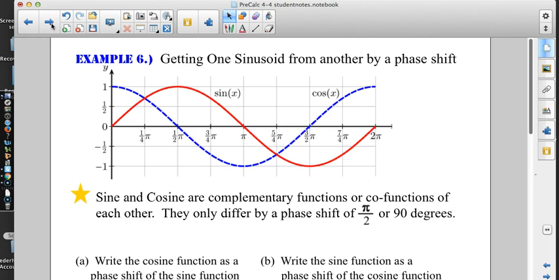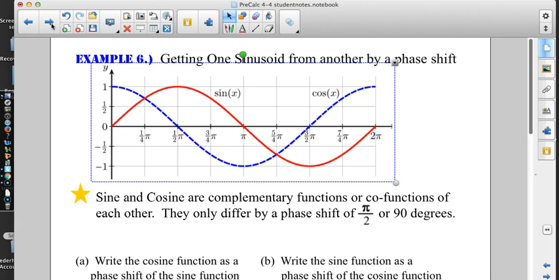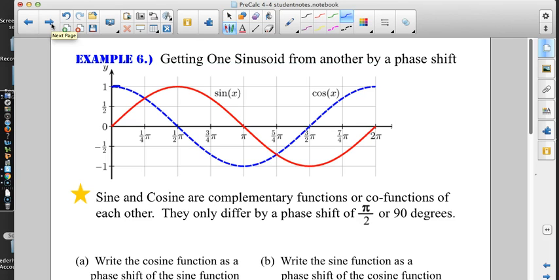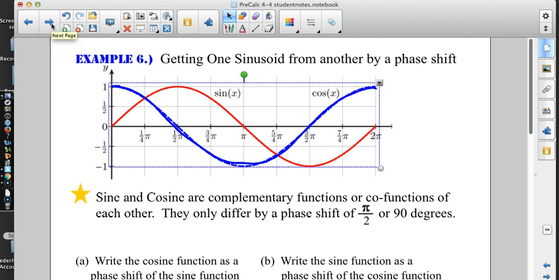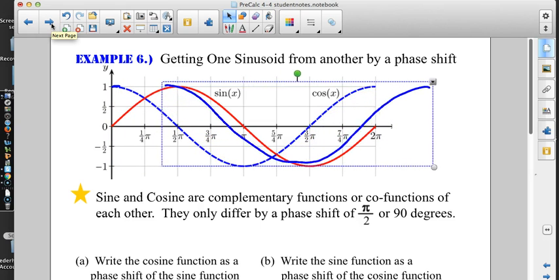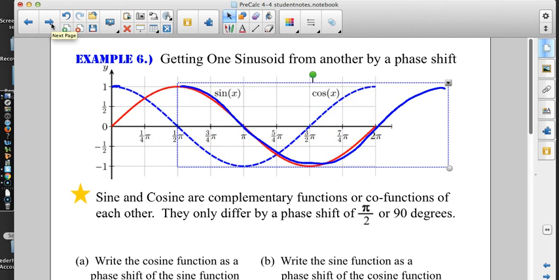Well, that doesn't look too hard, because if I take this one and I slide it over, I have the other one. So it's just a question of how far did I slide it over? Well, it was here, and now it's here. I slid it over pi over 2.